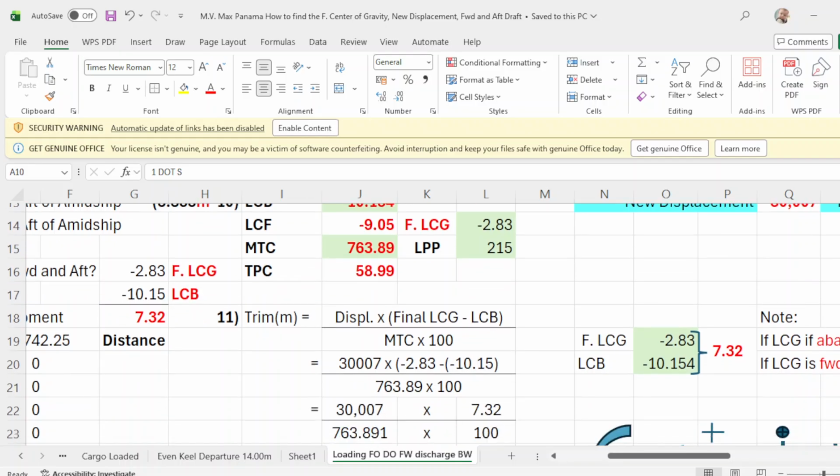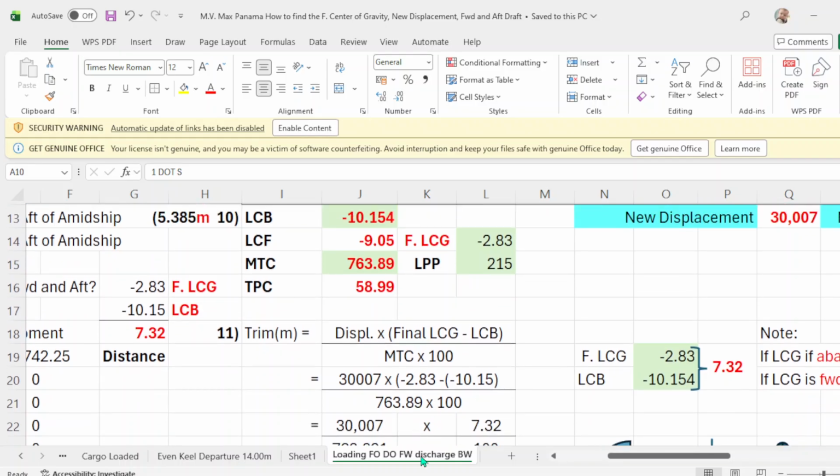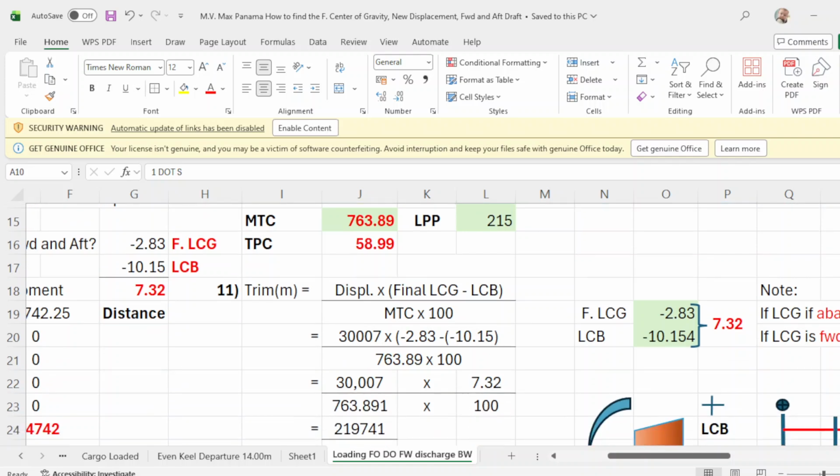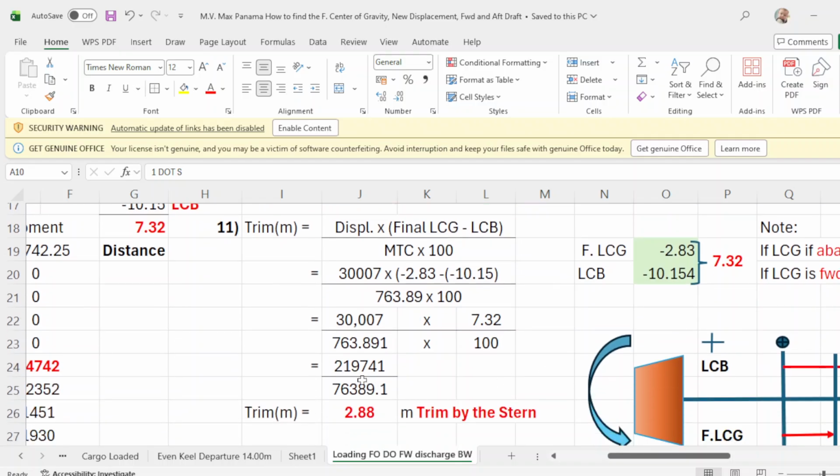Okay, which is this one. Your displacement times the value of 7.32 over your MTC, 763.89, times 100. So multiply this one, that will be 291741 over this one, multiply that with 7639, and your trim is 2.88 by the stern because it's positive.